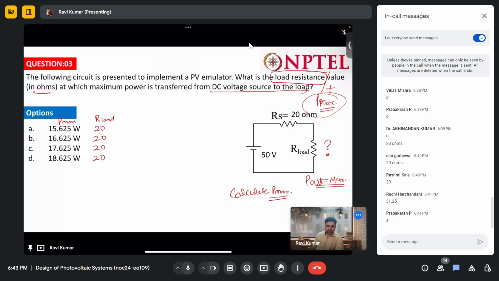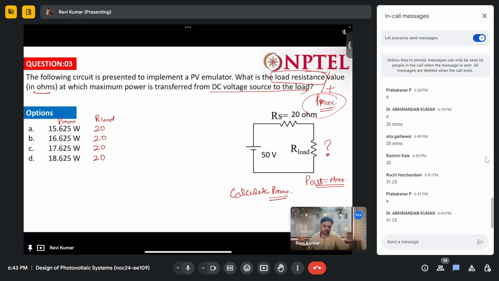Someone please verify if Ruchi is right or Prabhakaran is right. Is it so? Let me calculate then as well.